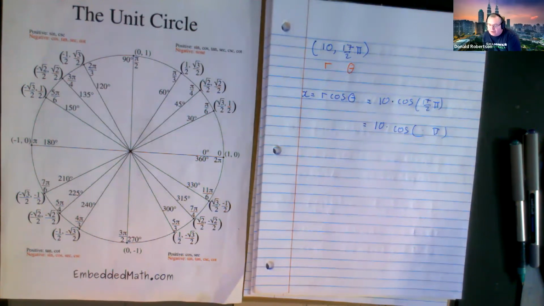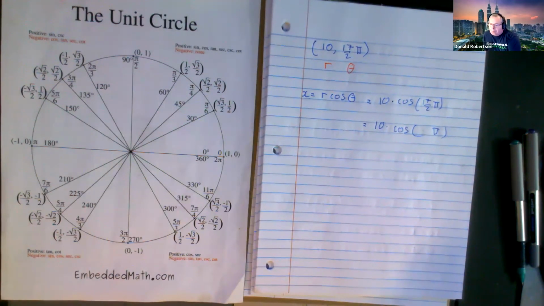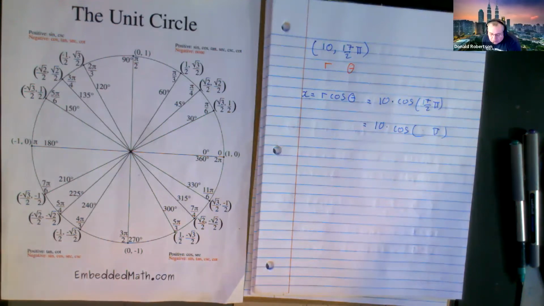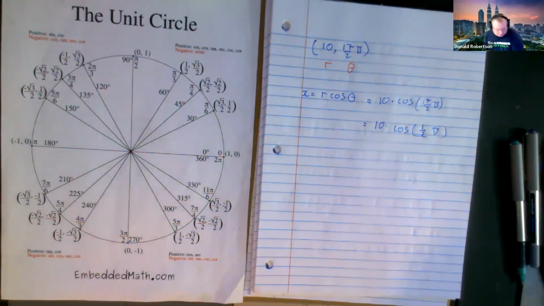If you keep taking away 2 pi's and then take it away and then take it away, eventually you'll get an answer that is positive and in the range 0 to 2 pi. Take away 8. You're left with half pi.